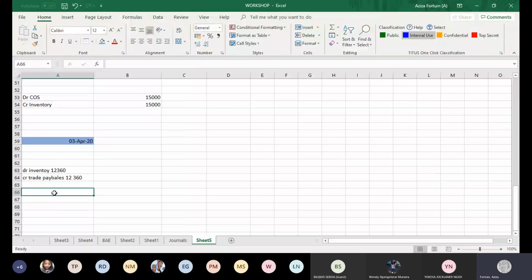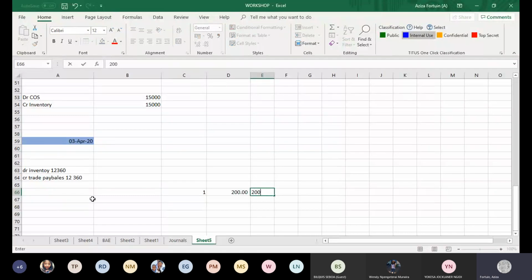Weighted average method. Okay, so our purchases were 200 on the first day, and on the second day we purchased for 210. Let me just do it on the screen quickly. So on day 1 we purchased for 200. So then my value is 200.